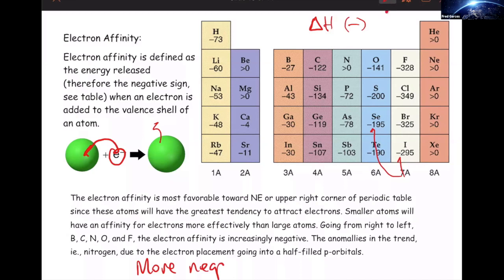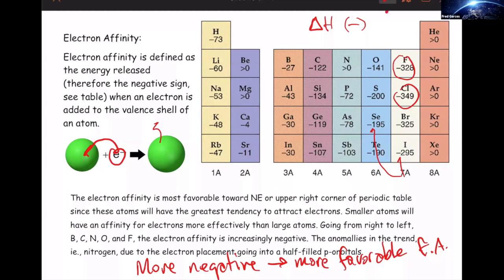equals more favorable electron affinity. Okay, so here you can see that these elements right here are the most negative, because these elements want to gain more and have the same number of electrons as a noble gas.